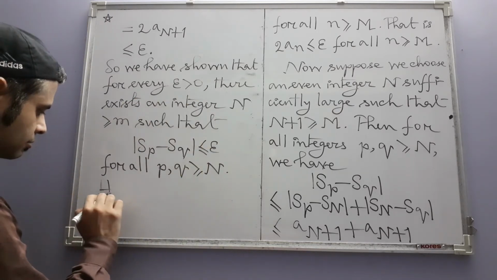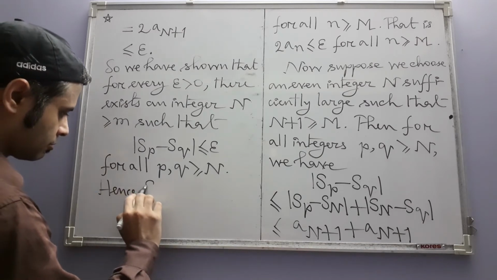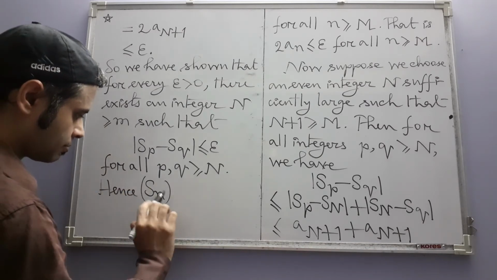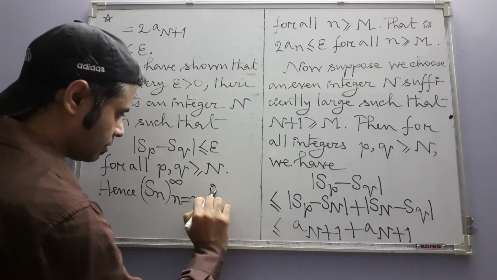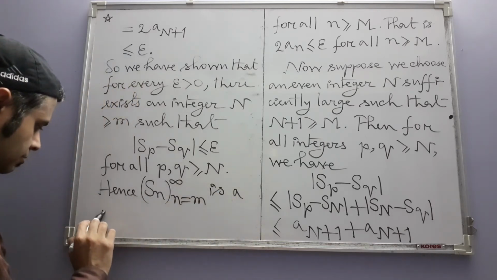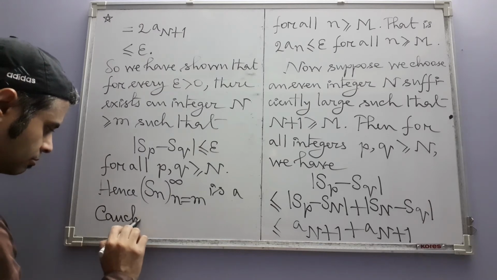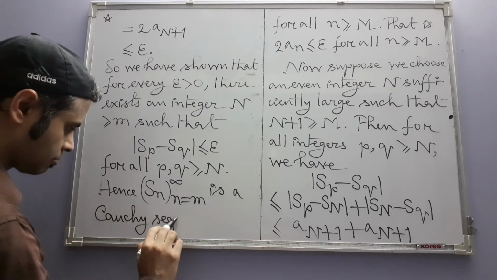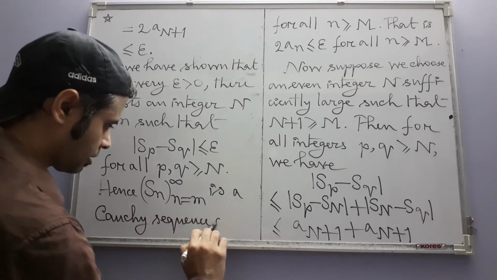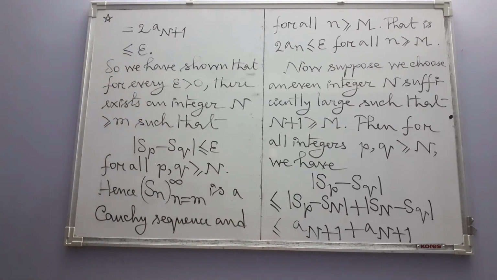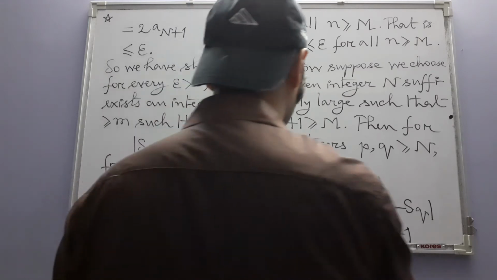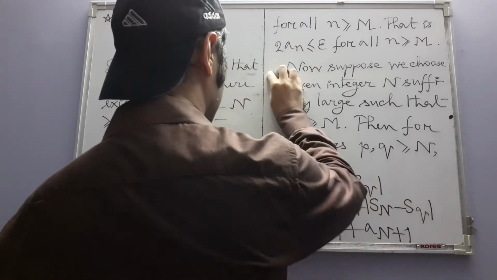Hence, this now is a Cauchy sequence. And hence is convergent. We already have proved that Cauchy sequences of real numbers are convergent.